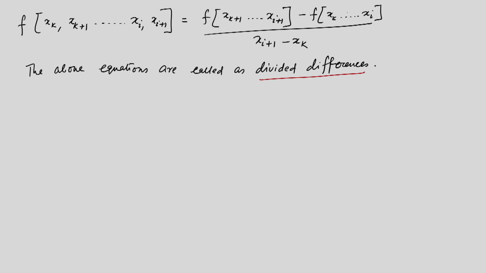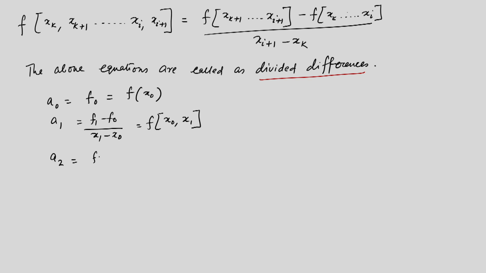They are called divided differences, these f functions. So, what we have in terms of our known quantities, that is these coefficients. Our coefficients are a 0, which is equal to f 0, which is nothing but f of x 0. Then you have a 1, which is f 1 minus f 0 divided by x 1 minus x 0, which is nothing but a function of two things, x 0 and x 1.